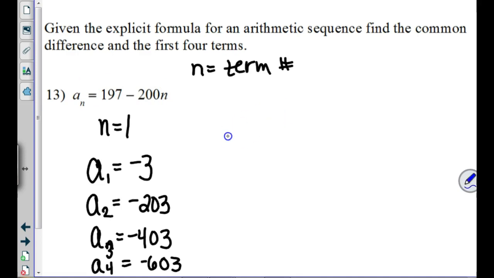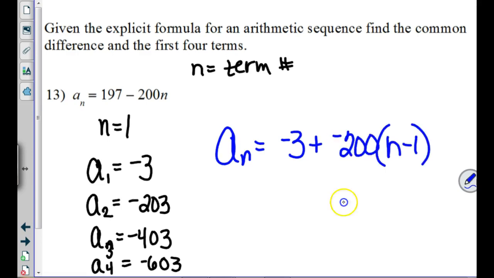Well, I just want to clarify what happened is they took the first term and they added the difference n minus 1 times. But what did they do to this equation? Well, they did some algebra.